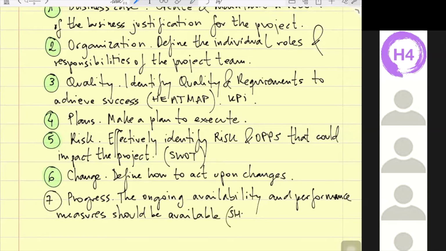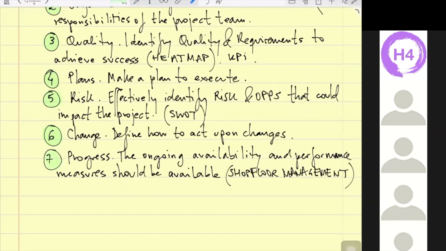Think about shop floor management. All the tools we've seen, you've seen them before. So I've been preparing you for this, okay? The last couple of weeks.